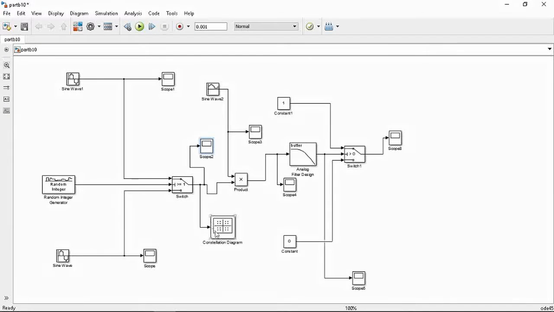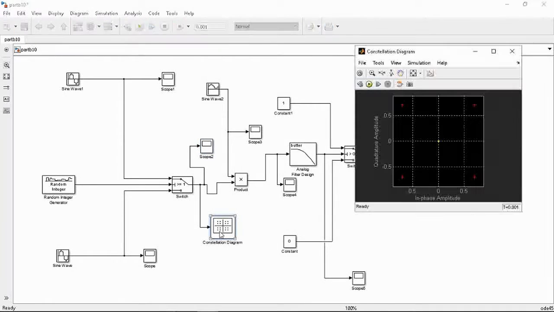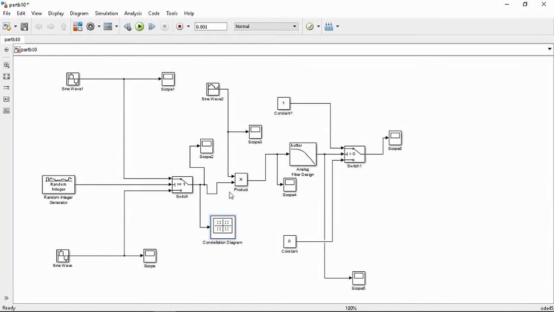The output from the switch is a constellation diagram. So we can see here that this is our constellation diagram. I will play it again.